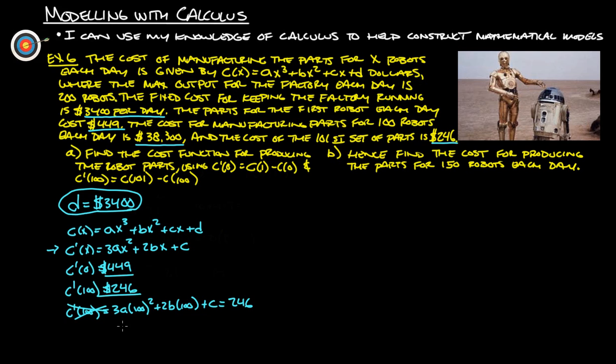Okay, so we can get rid of that part there. 100 squared is 10,000, right? So that's going to be 30,000a plus 100 times 2 is 200b plus c equals 246. Okay.